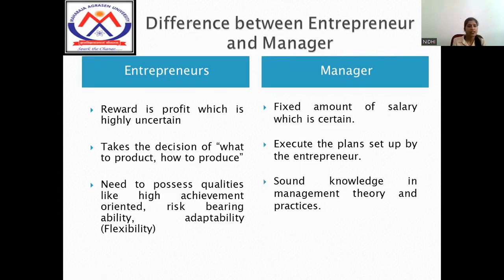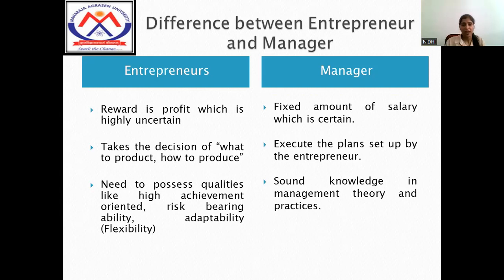Next, the reward is the profit, which is highly uncertain. If any kind of lockdown situation or strike occurs, or the business faces any problem, it means there is no production, and the entrepreneur is not going to get any income, because the entrepreneur completely depends on the sales revenue.